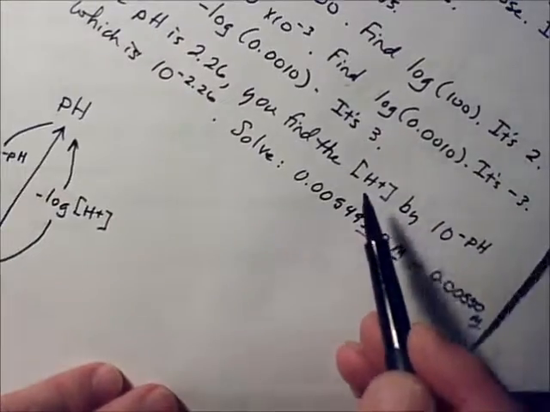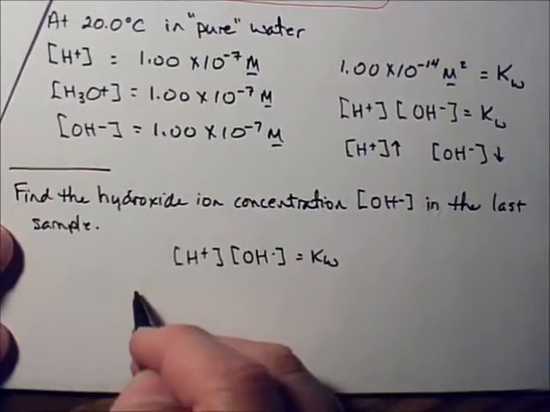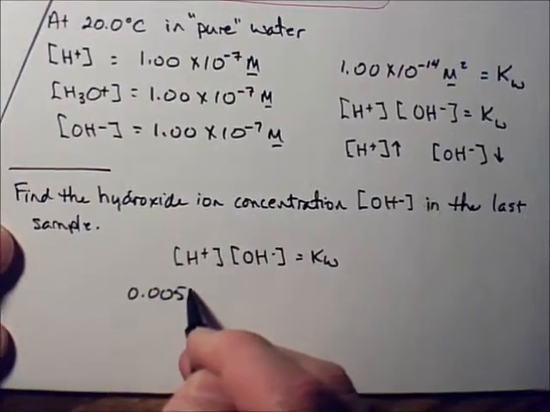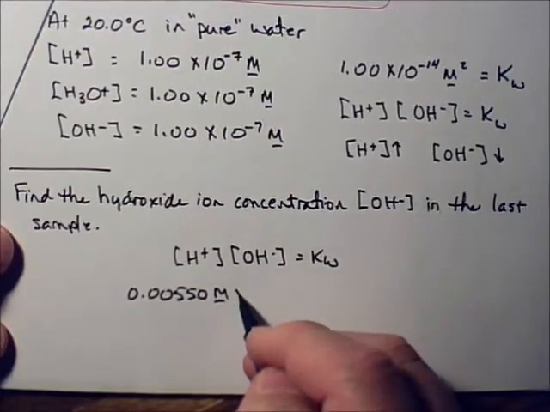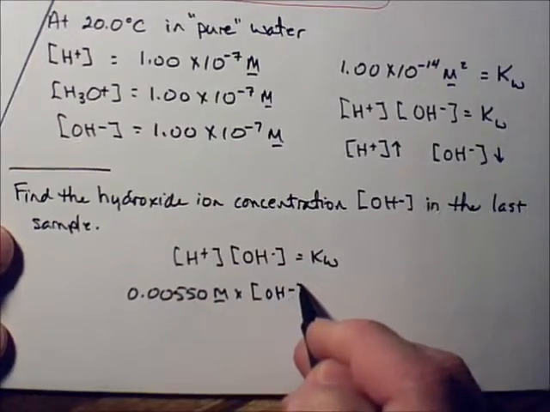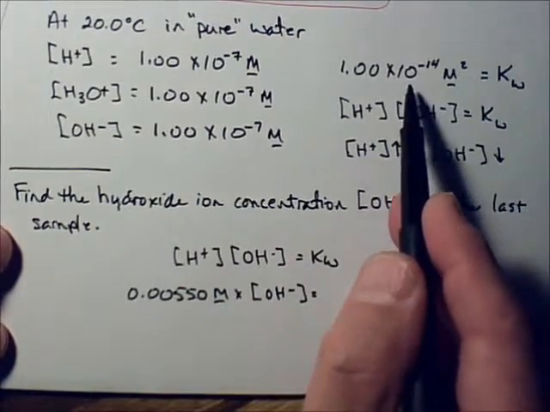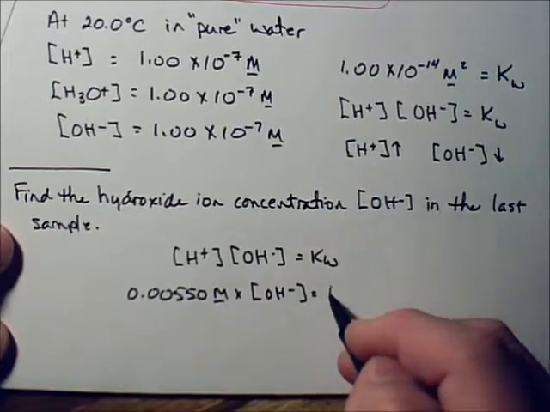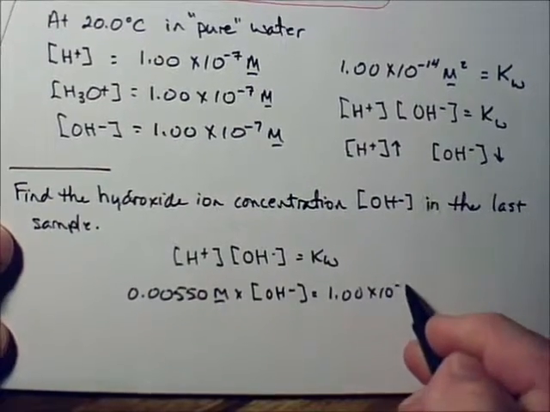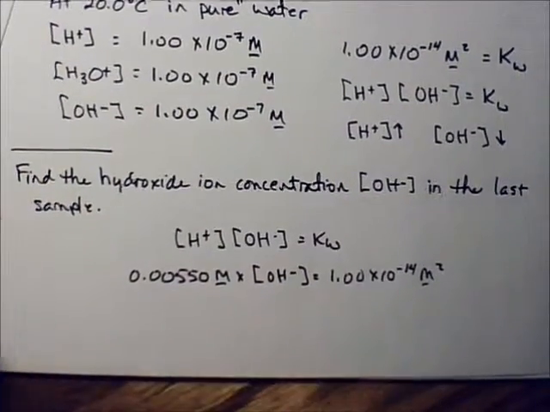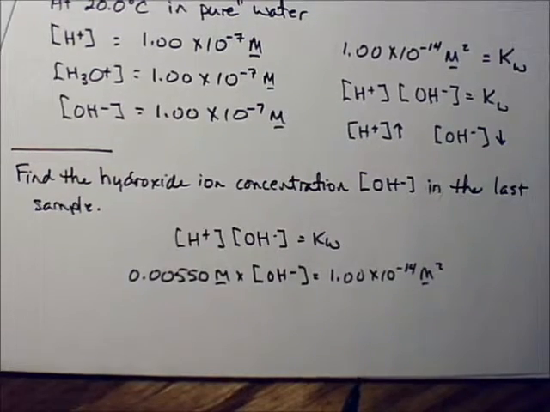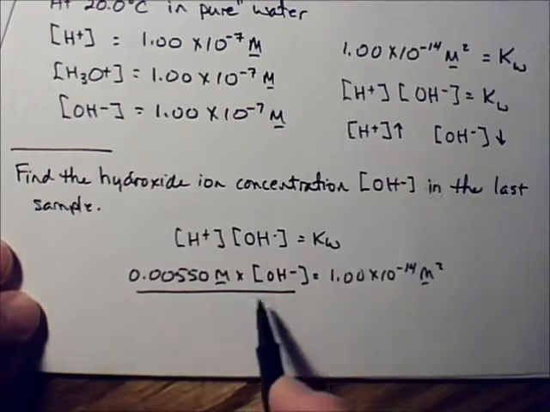In the last problem we came up with that value for the concentration of hydrogen ions, 0.00550 molar, times the OH negative equals Kw, and Kw is this number. How do you solve for OH? You can multiply by the reciprocal or divide both sides by it. Either one would work.